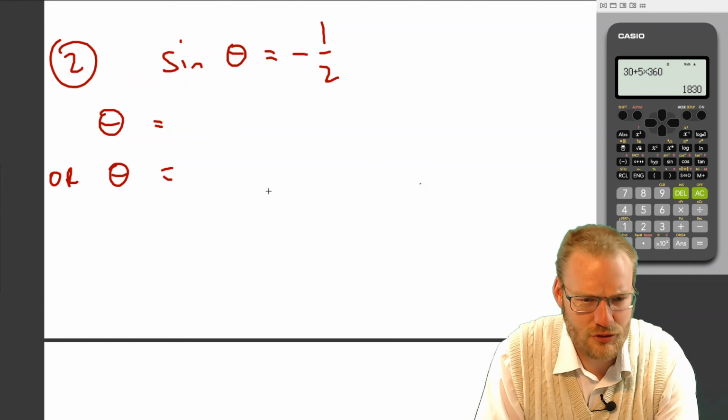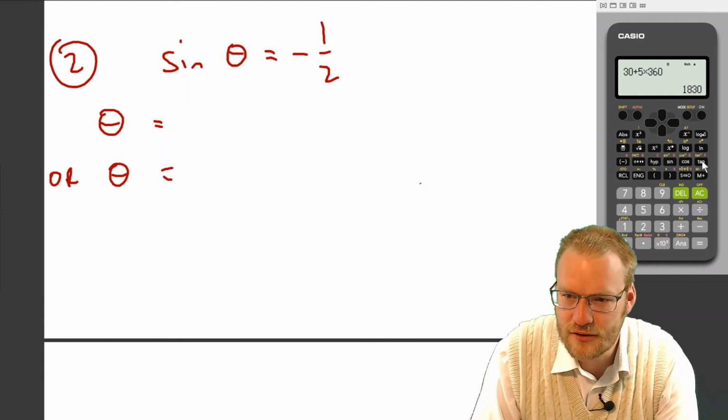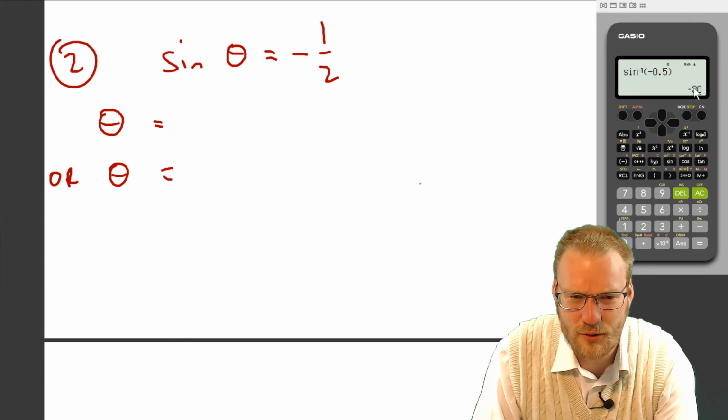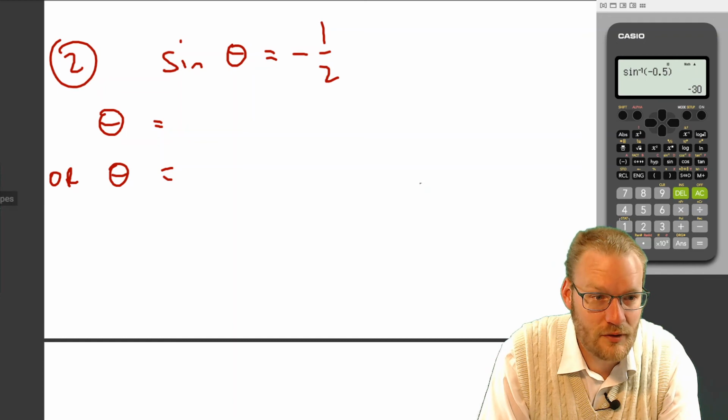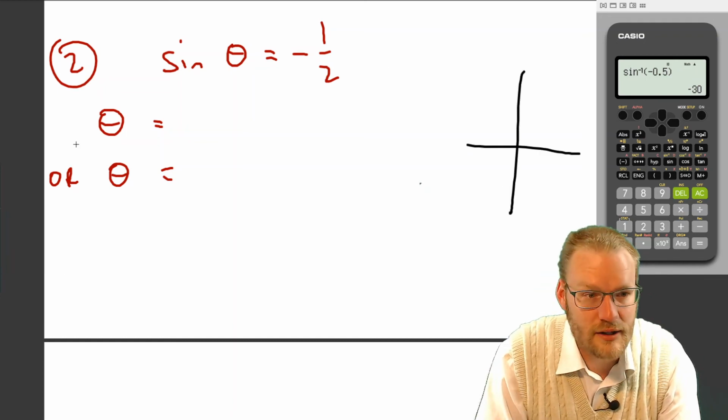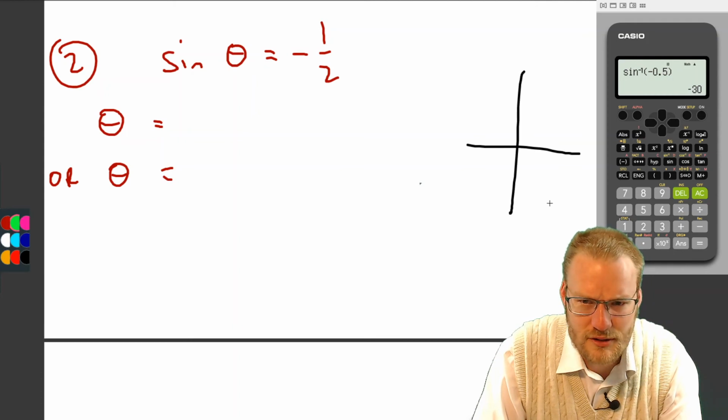So you're going to go, cool, shift sine of minus a half gives us minus 30. Now wait, we don't want minus 30, so I'm going to turn that into a positive and go, okay, CAST diagram.